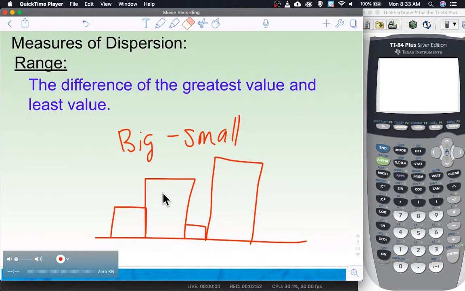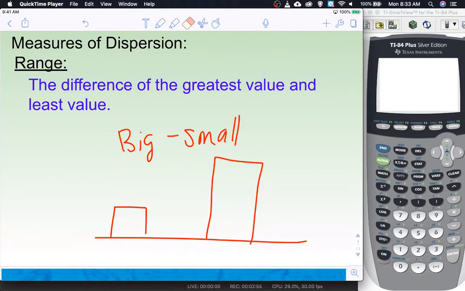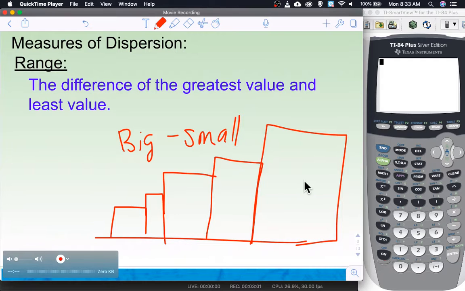If I change this data a little bit, I can see that there's more data on this right-hand side, where it keeps getting bigger and bigger as we move to the right. That's dispersion. That's just looking at where the chunking of the data is, where there are big chunks and little chunks.